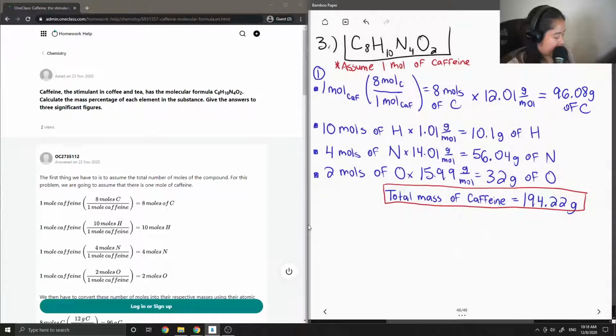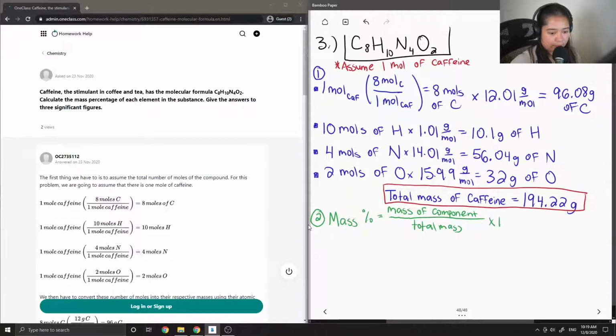So now that we have all these different masses, the second part of the question is just actually calculating the mass percentage. So the mass percent is equal to the mass of your component divided by the total mass multiplied by 100.